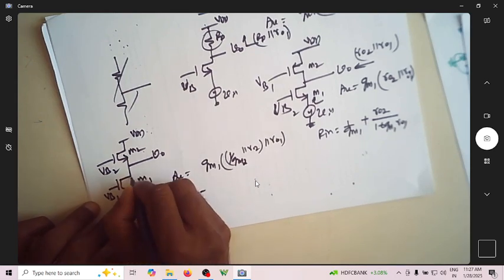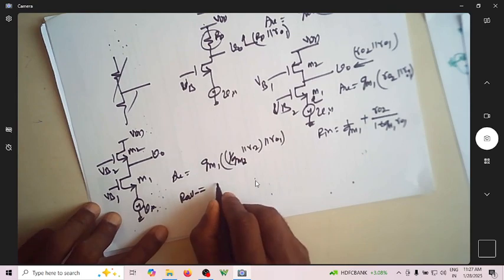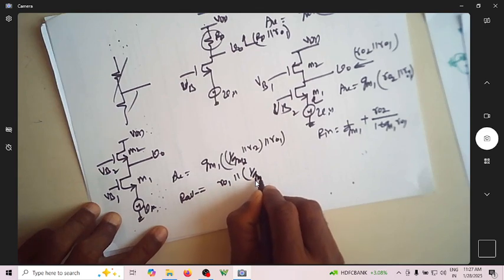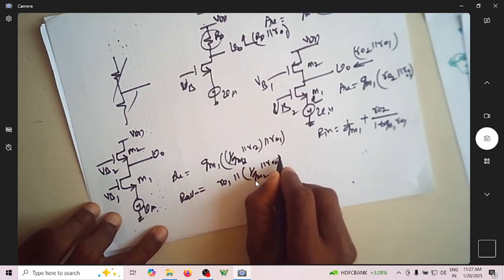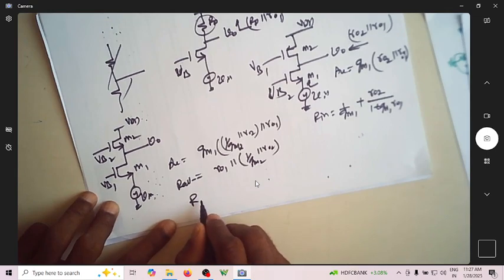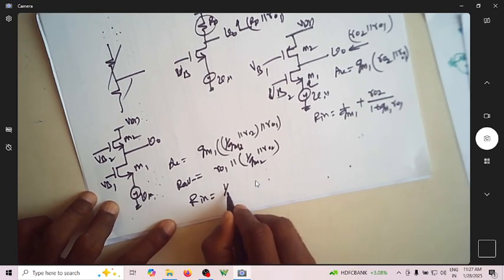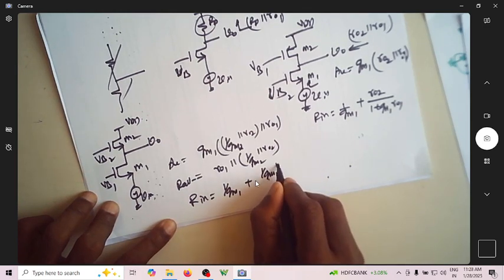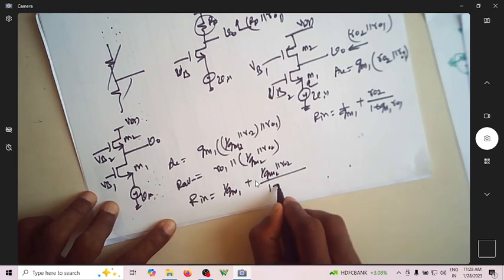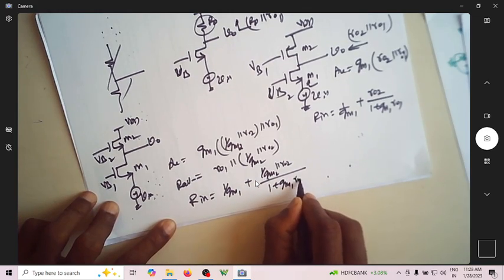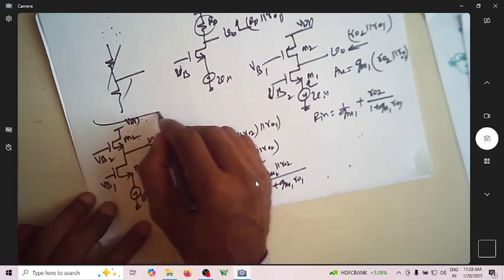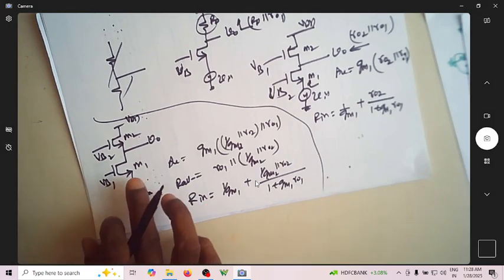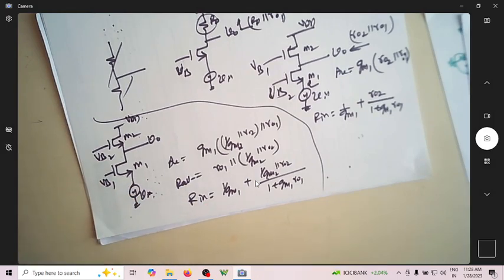R out is the resistance looking down is R01, looking up is 1 over GM2 in parallel with R02, and of course R in is 1 over GM1 plus 1 over GM2 parallel with R02 divided by 1 plus GM1 R02. These are the expressions for gain, R out and R in for this CG amplifier. This is also a CG amplifier.